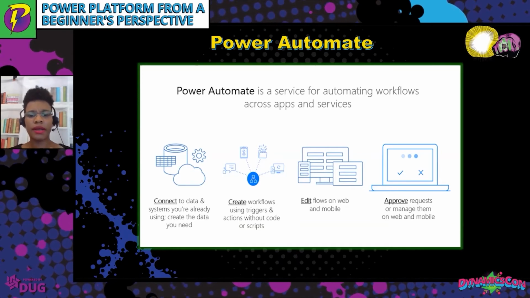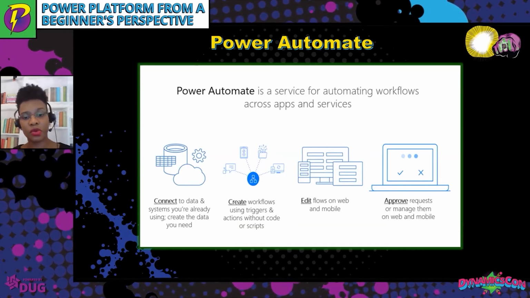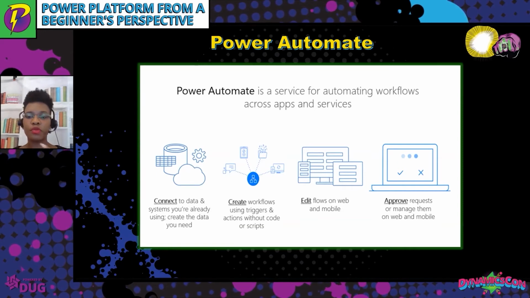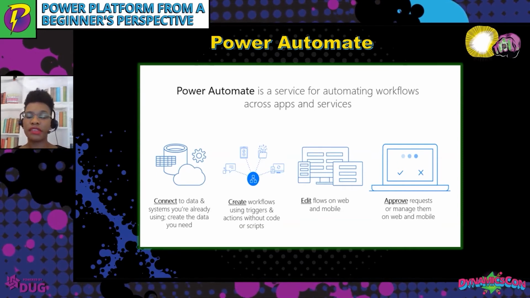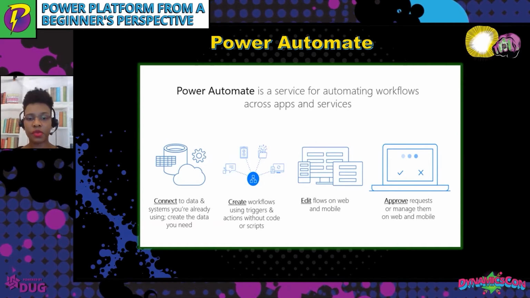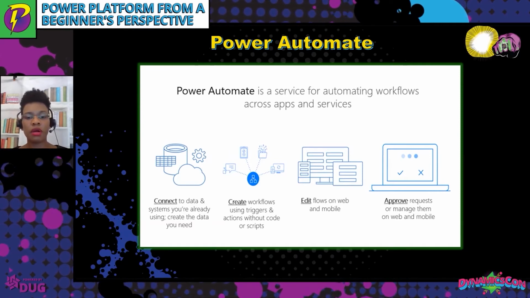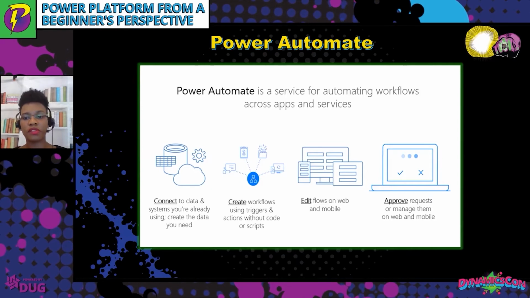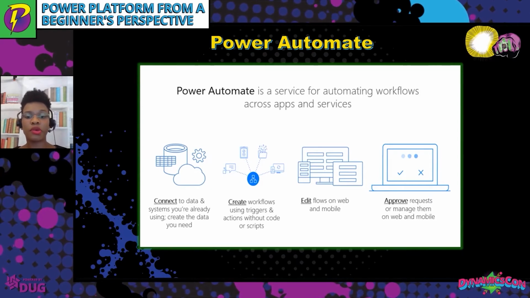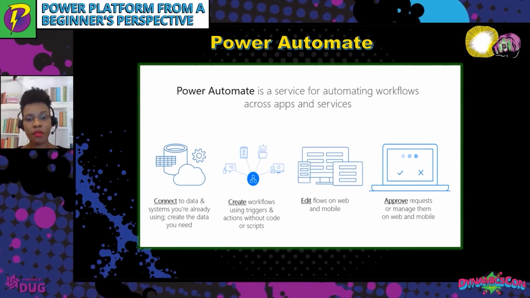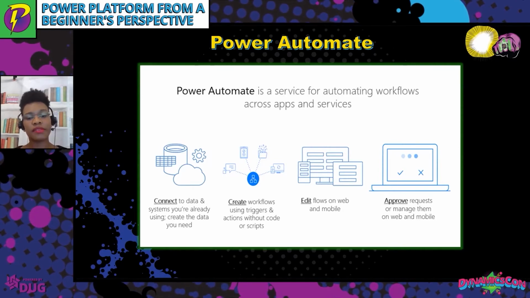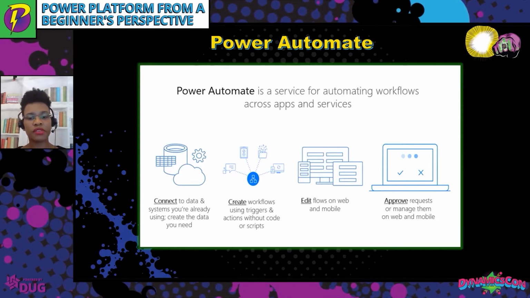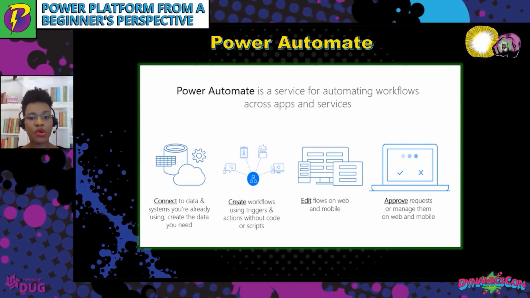We use business process flow to guide users through a process so they can complete a task more efficiently via stages and steps. We've got automated desktop processes, which utilizes robotic process automation. And with Power Automate, as its name states, you can send approval requests or manage these on the web or on your mobile.